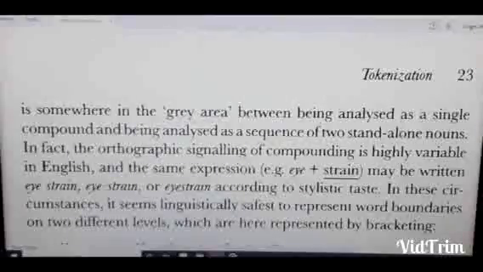for example, ice plus train, may be written icetrain, or ice-train with a hyphen, or ice train with a space, according to stylistic taste.